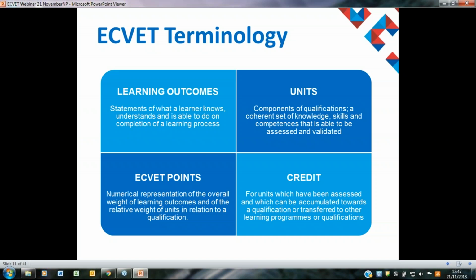And those learning outcomes must be captured in a learning agreement. So this is basic. Everybody has to do it. So what we're suggesting, and hopefully you'll take this on board by the end of the presentation, is that you incorporate what you have to do anyway into an ECVET background.